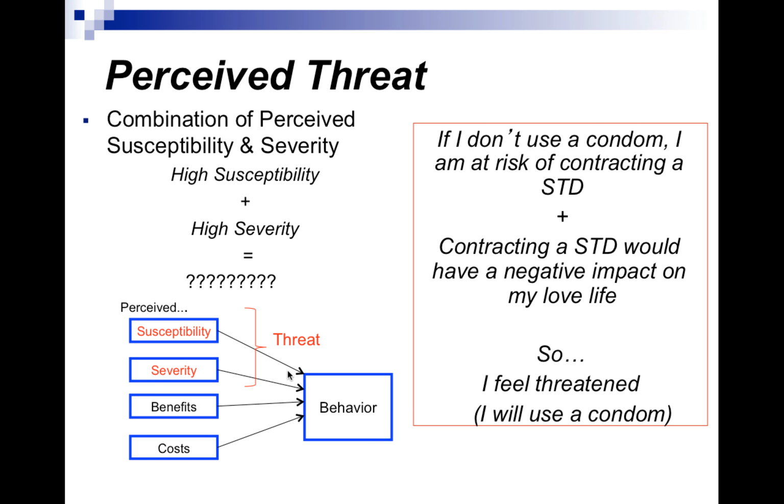An example would be of high susceptibility plus high severity would equal an increased threat and possibly a prompt for people to change their behavior, such as if I don't use a condom, I'm at risk of contracting an STD. Contracting an STD would have a negative effect on my love life, so I feel threatened and I will use a condom. Okay?